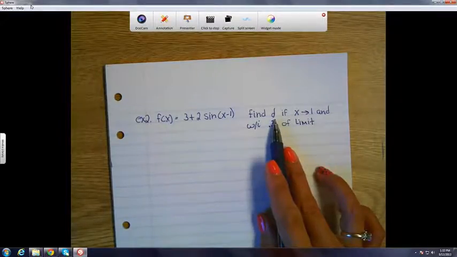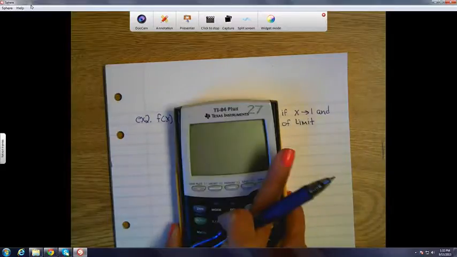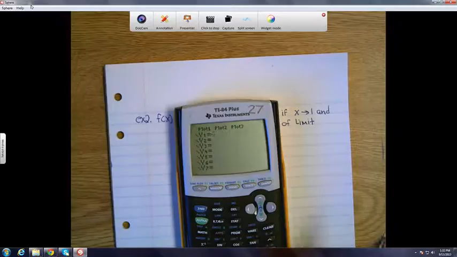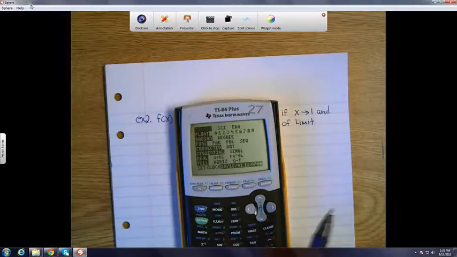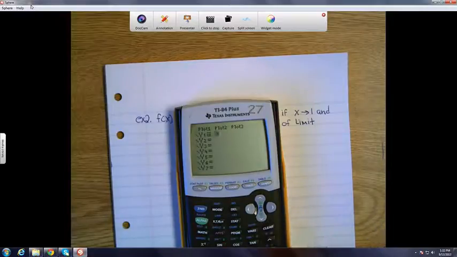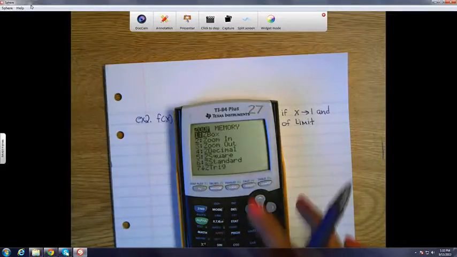So the first thing you have to do, it doesn't tell you, you have to find the limit. If you want to graph it, you can. Sometimes it's helpful. You kind of need the equation anyway. Let me check my mode first. Radian. So 3 plus 2 sine x minus 1. Okay. Zoom trig.